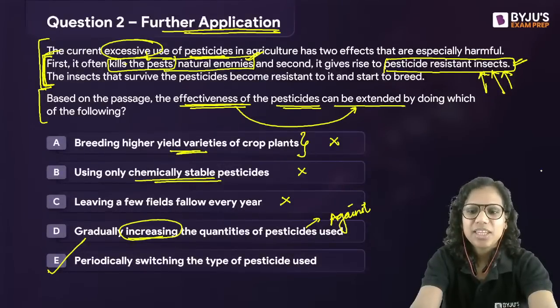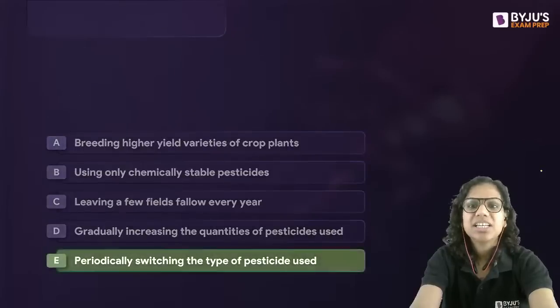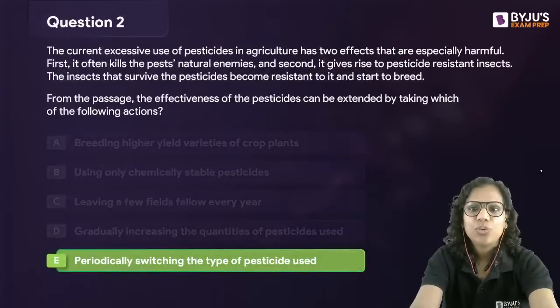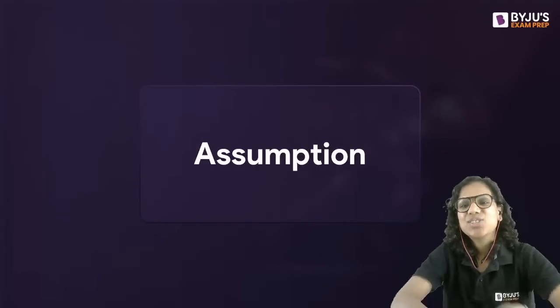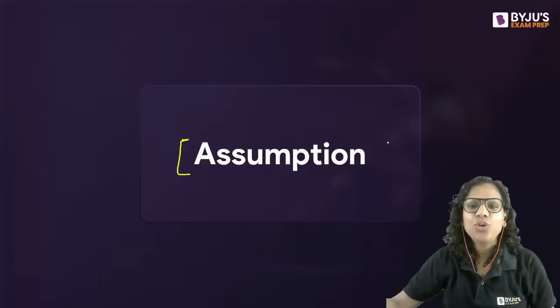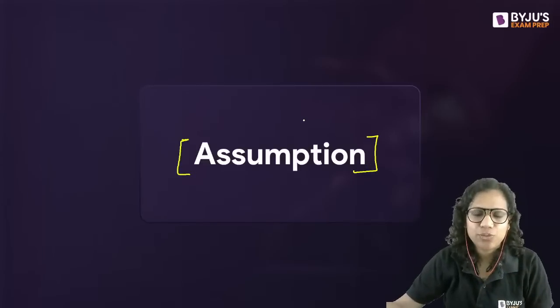Okay, let's come to the next question type, which is assumption. Now, in assumptions, first of all, we need to understand what assumptions are. We don't use this word in logic as loosely as we use it in our daily life.